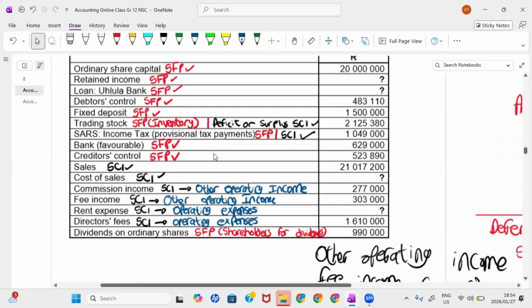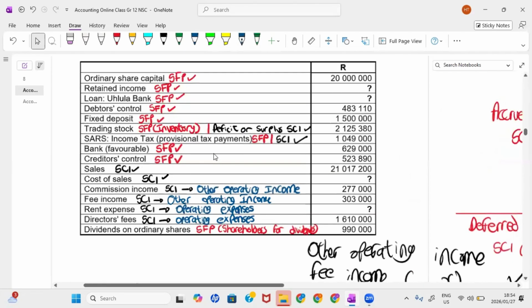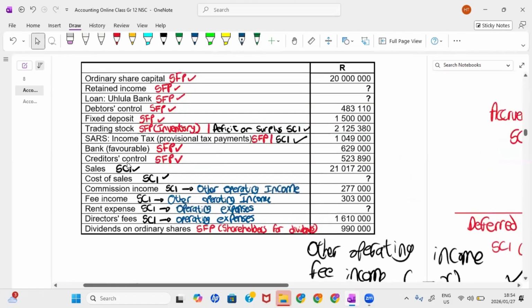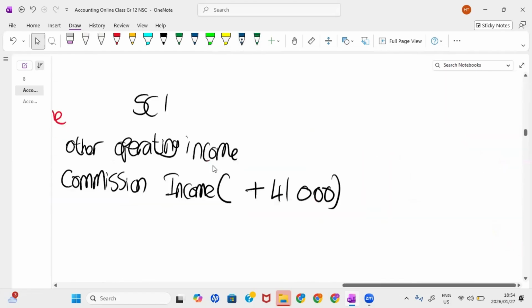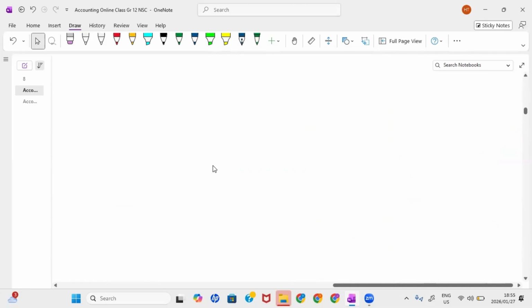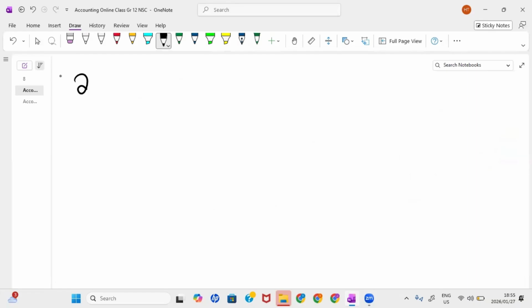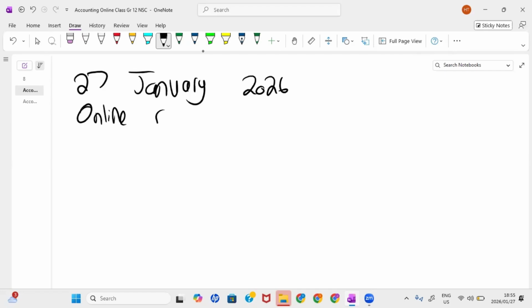And then what you do, you go to your book, right? You go to your exercise book, and then you write today's date, 27th January 2026. And then you're gonna write online class 1.